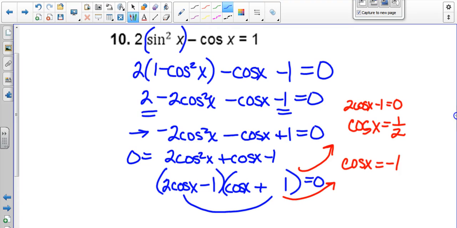Where is the cosine 1/2? Pi over 3 and 5 pi over 3? Anybody know a shorter way to write that? Nobody?